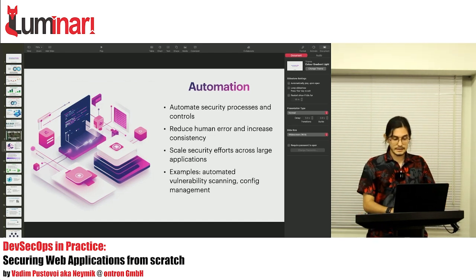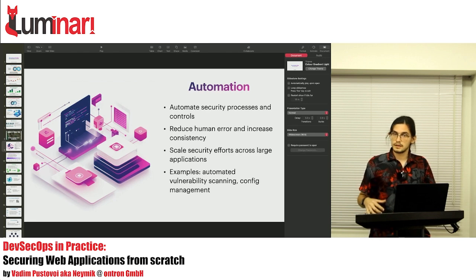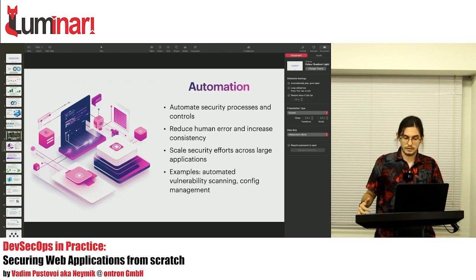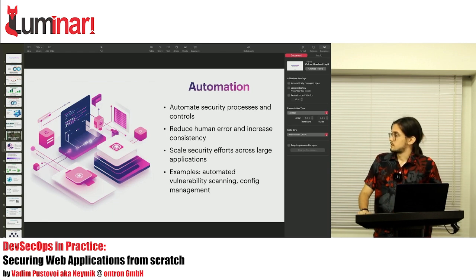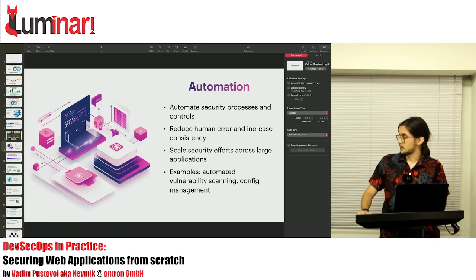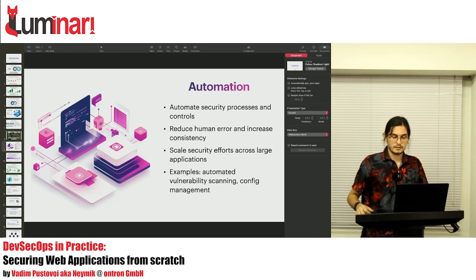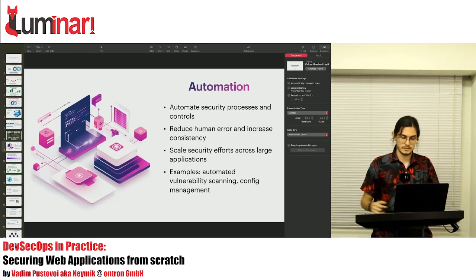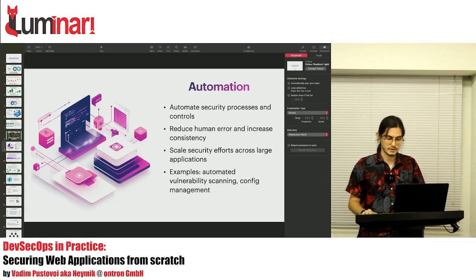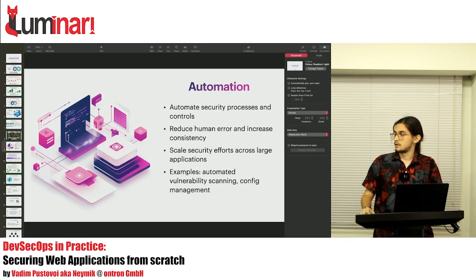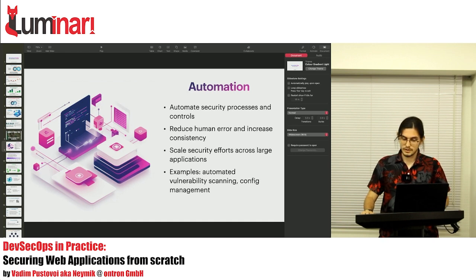Automation is needed there to make the whole process better, making it free of the human factor and making the process fast, as it will work without the need for the security team to be involved in the operation of DevSecOps.